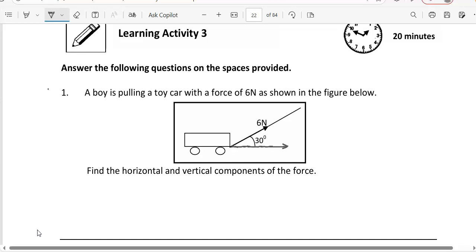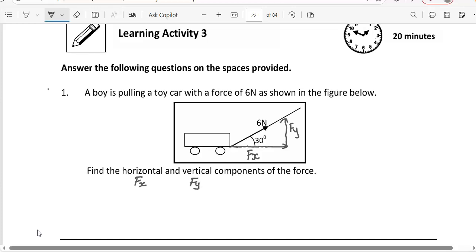If I use the tail to head method, my vertical force will be moving in an upward direction. So this is my Fy, this is my Fx. When they say the horizontal, they are talking about your Fx. When they say the vertical, they are talking about your Fy.